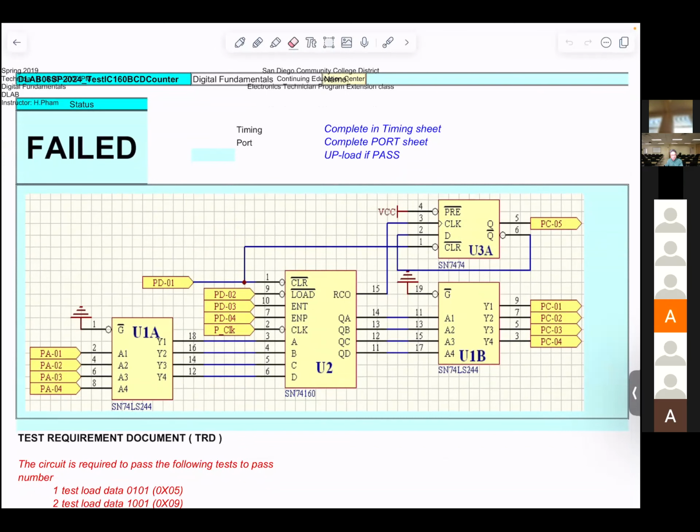And the first one I'm talking about is U1. U1A, U1B, just the U1. What is it? Buffer. What is the U1 supposed to be? Counter or whatever.